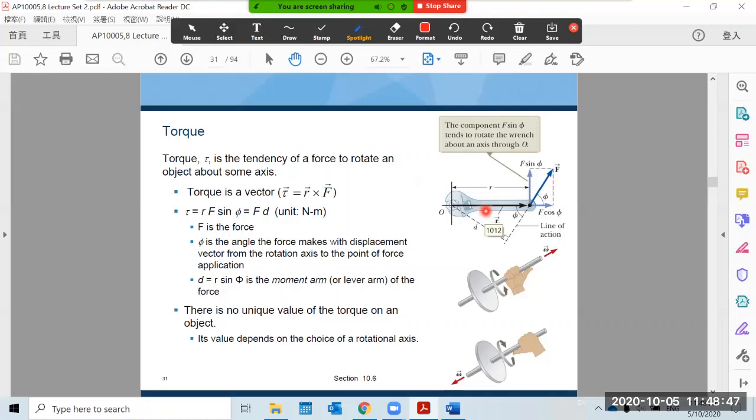By convention, we treat a torque that causes anti-clockwise rotation to be positive, and a torque that generates clockwise rotation to be negative. That is our convention. In any case, the torque, which is the product of the force and the distance, has a unit of Newton meter.